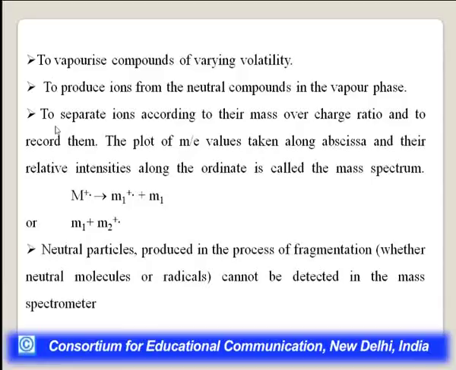Number three, to separate the different fragment ions made by the molecule according to their mass over charge ratio and to record them accordingly. The plot of m/e values taken along the abscissa and their relative intensities along the ordinate is the mass spectrum.